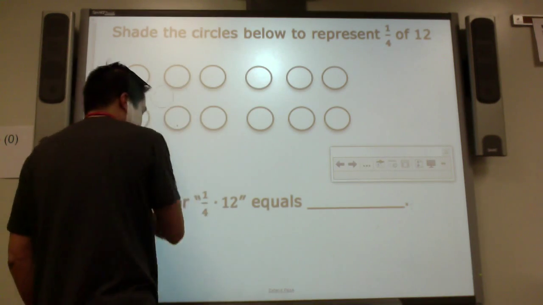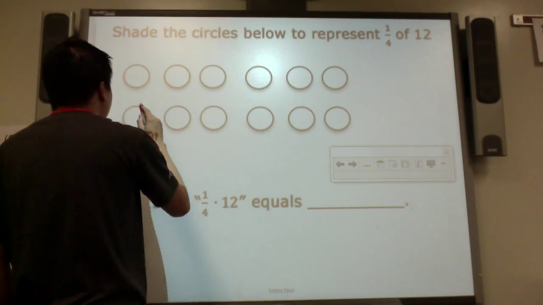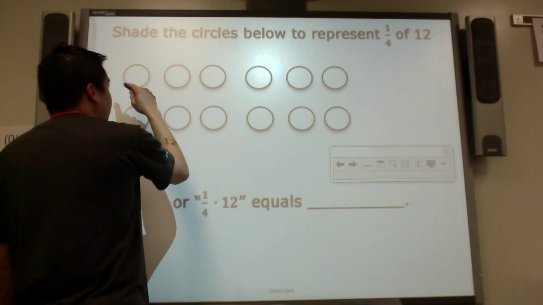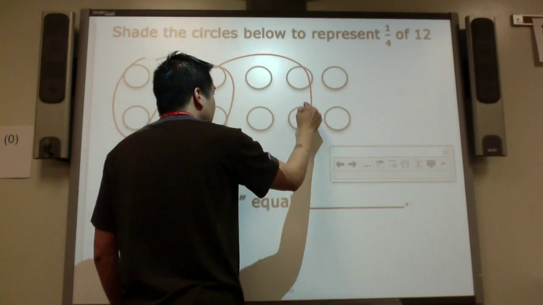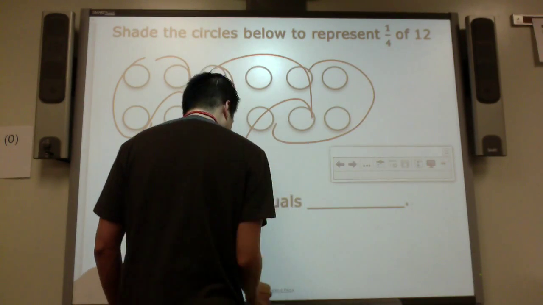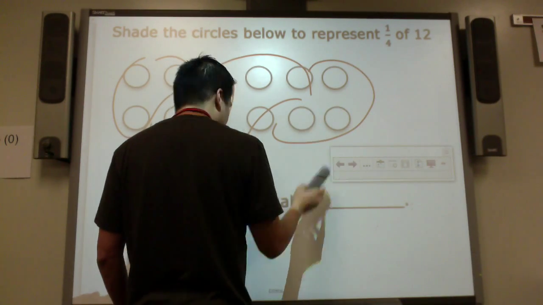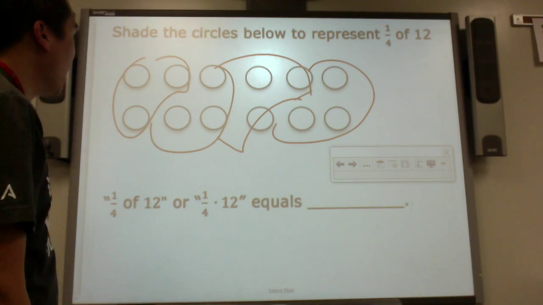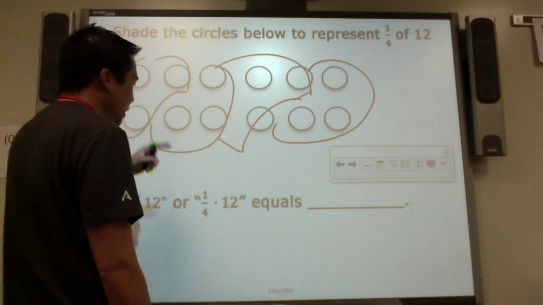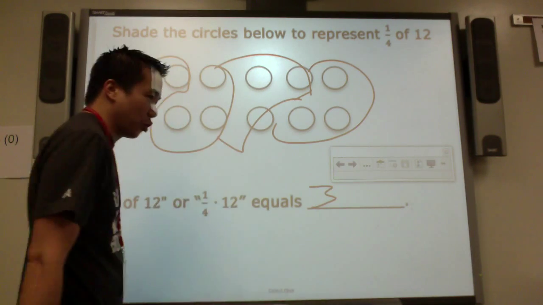Let's see. This will be this one. Did I divide this into fourths? Yes, I did. So 1/4 of 12 equals 3 circles.